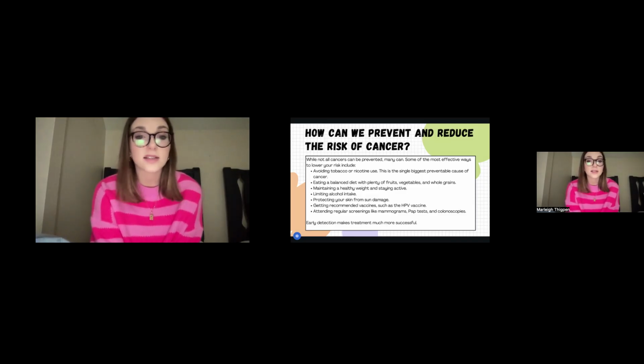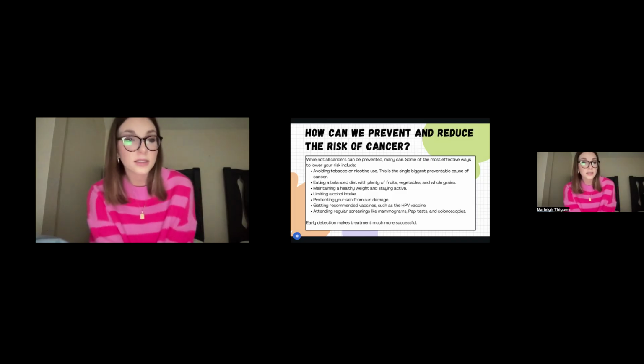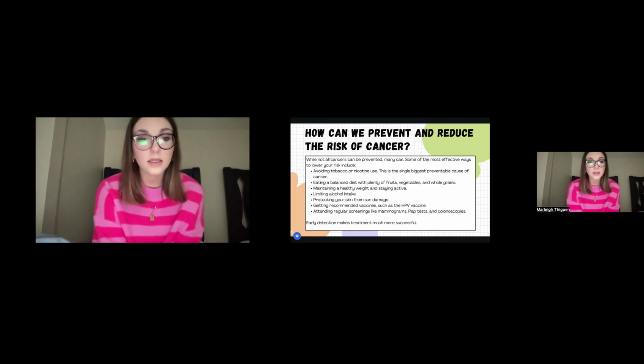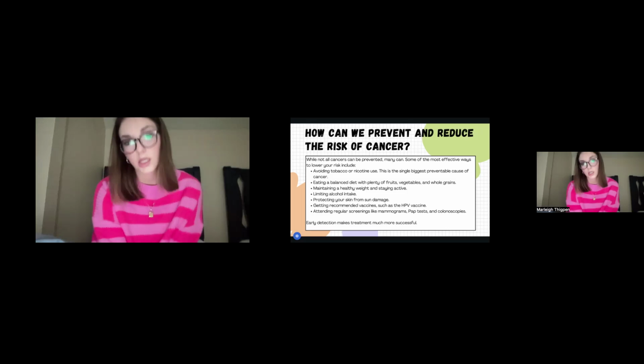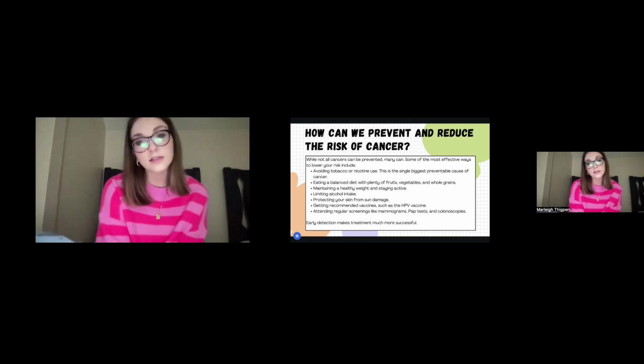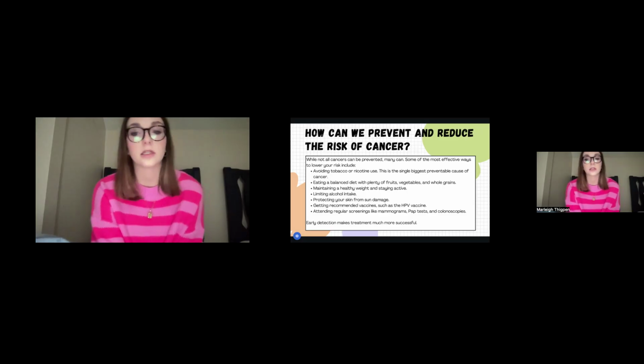Things like eating a balanced diet with plenty of fruits and protein and vegetables, maintaining a healthy weight and staying active, limiting your alcohol intake, protecting your skin from sun damage, wear your sunscreen, getting recommended vaccines, or attending regular screenings like mammograms, pap smear tests, and colonoscopies can lower your risk through early detection, and it makes treatments more successful in the long run.